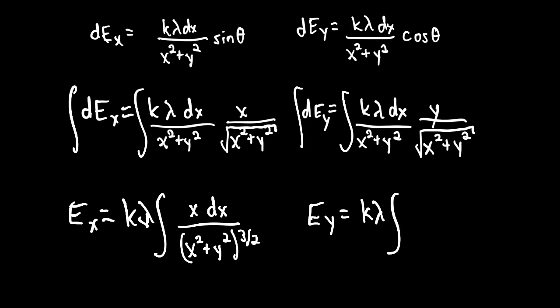So I need to do the second side. dEy. Integrate dEy, get Ey. What can I pull out of that integral? I can pull out k, lambda, and y. And I'm left with dx over x squared plus y squared to the 3 halves.